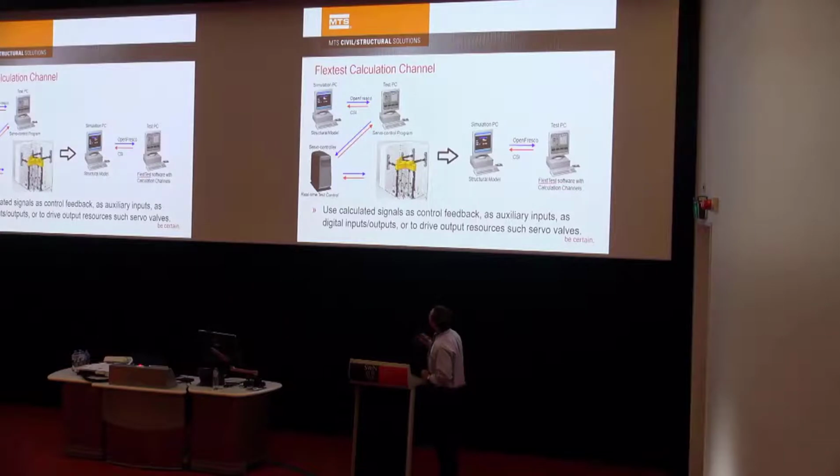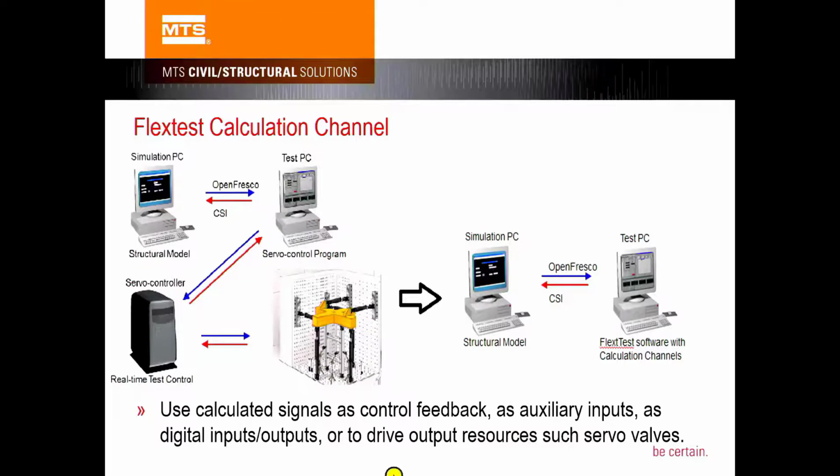in our controller software, we have a calculation channel function. Later, we will introduce more detail. Using this function, you can simulate your specimen in a very detailed fashion, and in this case, you can simulate your hybrid test.